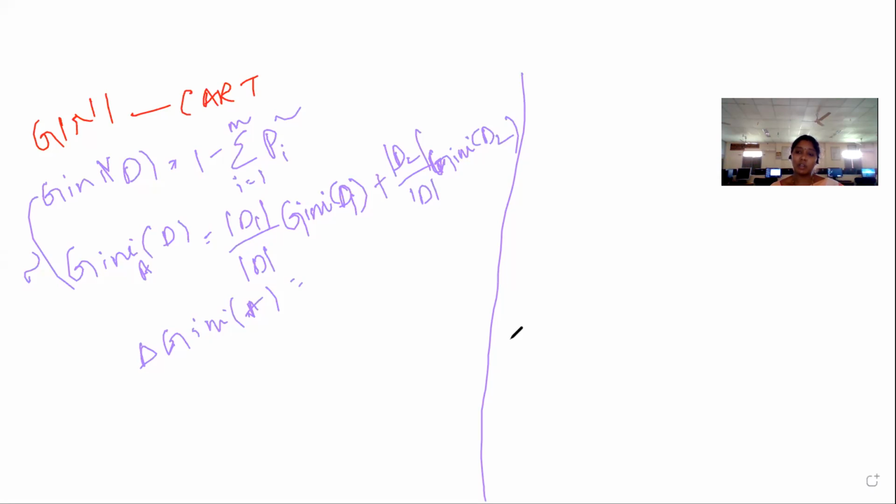Did you hear that word previously or not? Split point. We have split point and splitting subset. Do you remember or not? Yes, ma'am. Split point and splitting subset.